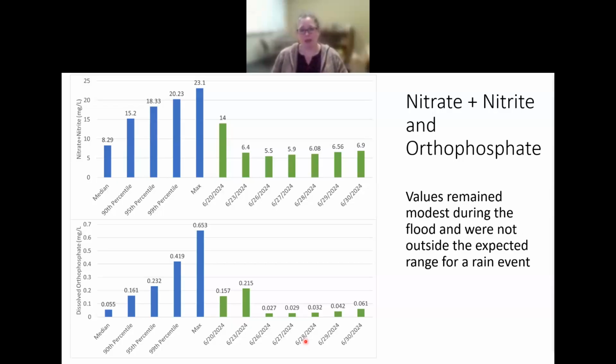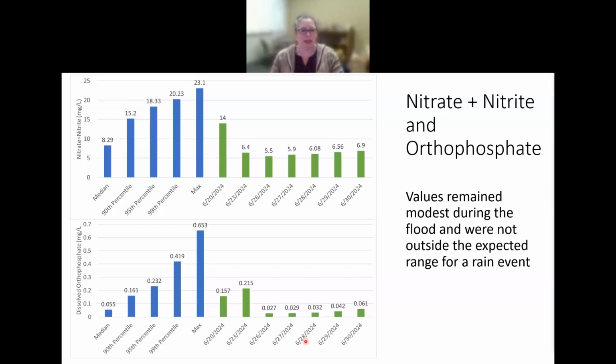So it didn't have unexpected values, and it was below the max that we've measured at that station. Orthophosphate is the sort of dissolved phosphorus. So we have total phosphorus, which is all the phosphorus in the water, including that which is attached to the sediment particles. And orthophosphorus is just what's dissolved in the water.